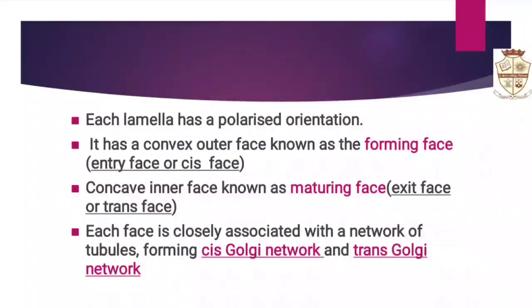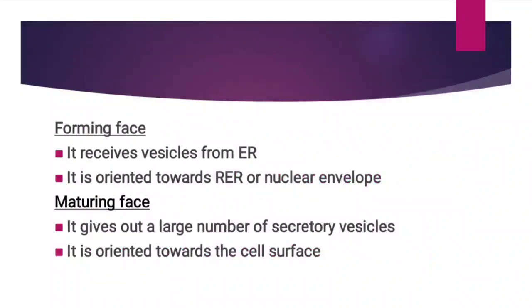It has a convex outer face known as forming phase, also known as entry phase or cis phase. Concave inner face known as maturing phase, also known as exit phase or trans phase. Each phase is closely associated with a network of tubules forming cis Golgi network and trans Golgi network.